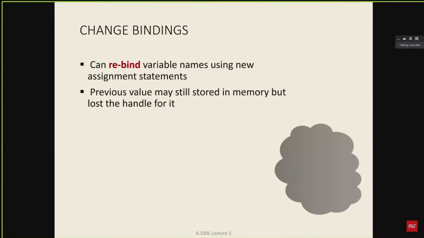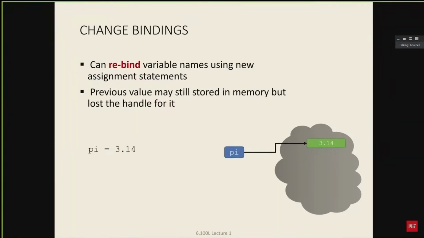To rebind a variable, we're going to take the name, lose the binding to the previous value, and rebind it to a new value. I'm going to show you how this looks in memory. I'm going to use this cloud picture to represent what happens behind the scenes whenever we write programs, like a little animation to help you understand line by line what's going on.